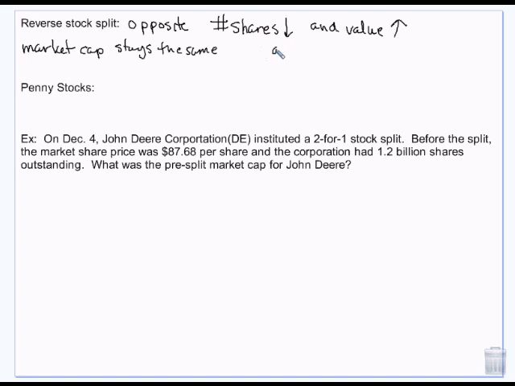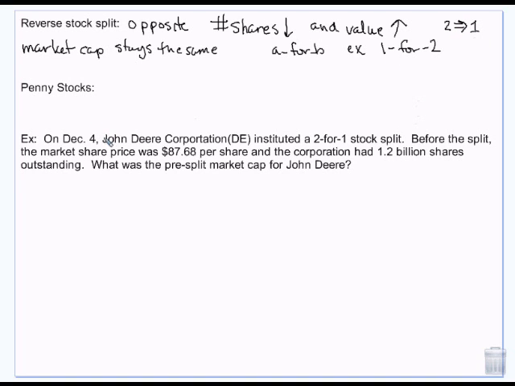You know, they still call it A for B, but maybe it might be 1 for 2. So every 2 stocks you had are now 1. So 2 become 1.